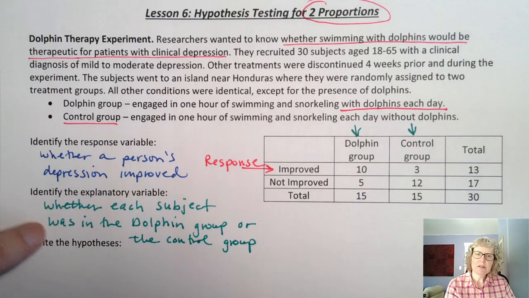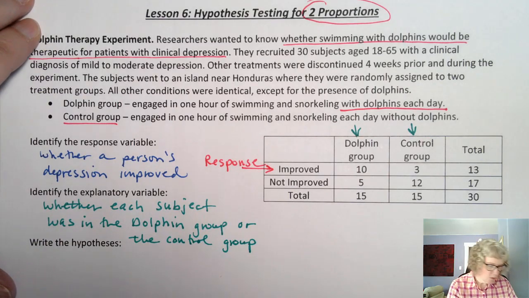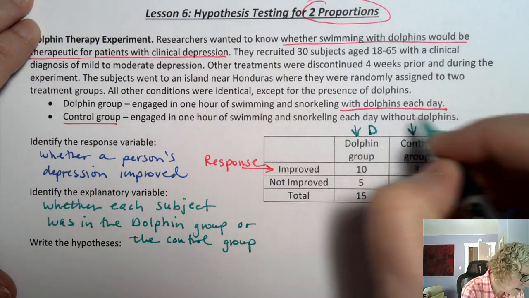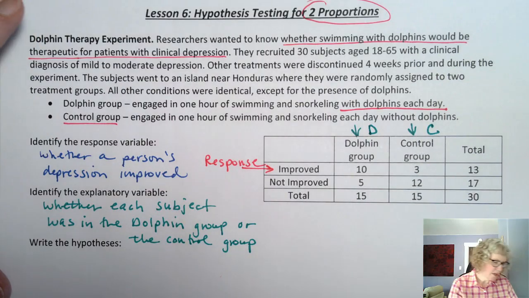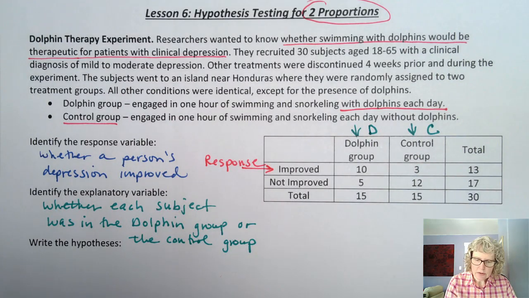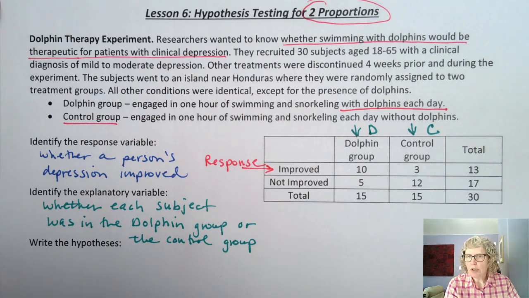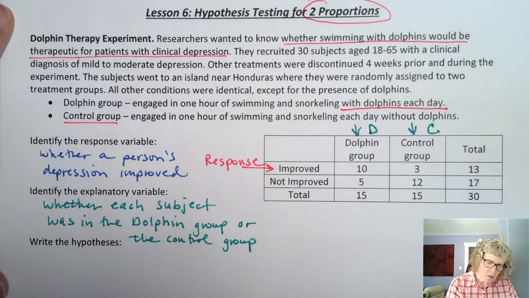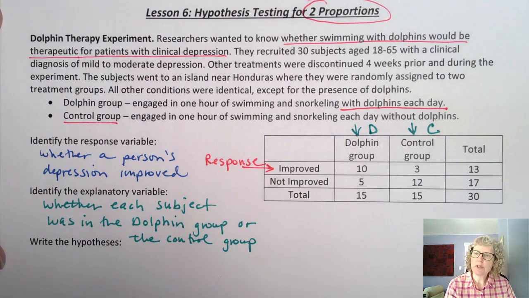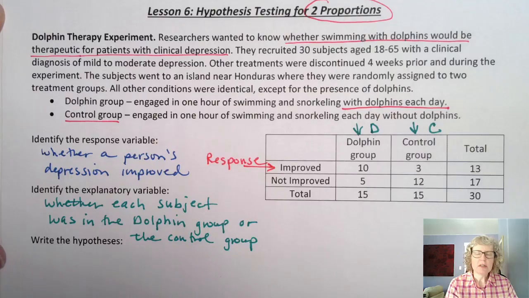And because we want to distinguish these 2 groups, let's use a D and a C, 2 different letters just so we can distinguish more easily between the 2 groups. We could use 1 and 2 as well. Okay, so let's think about writing our hypotheses, and then I'll show you how we're going to do this physical simulation, and then we will do it on StatKey as well.